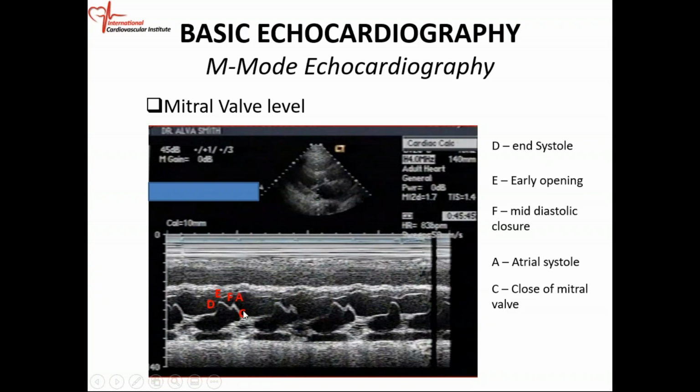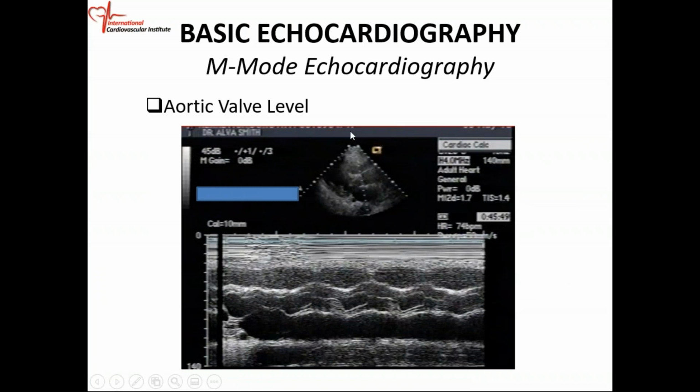And then at the end of diastole, you have closure of the mitral valve. So you have to know these points if you're going to do any exams. You have to know the points.